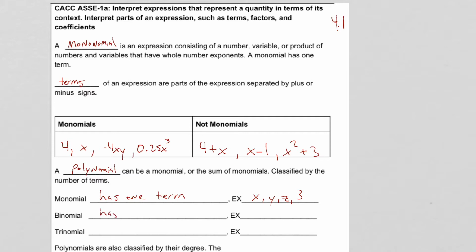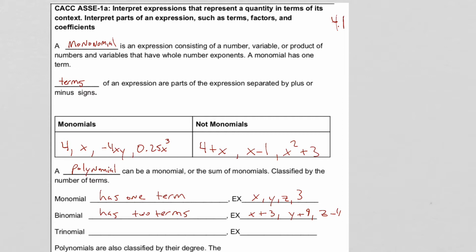Binomial. Like bicycle has 2 tires, a binomial has 2 terms. Example, x plus 3, y plus 9, z minus 4. These are all binomials.